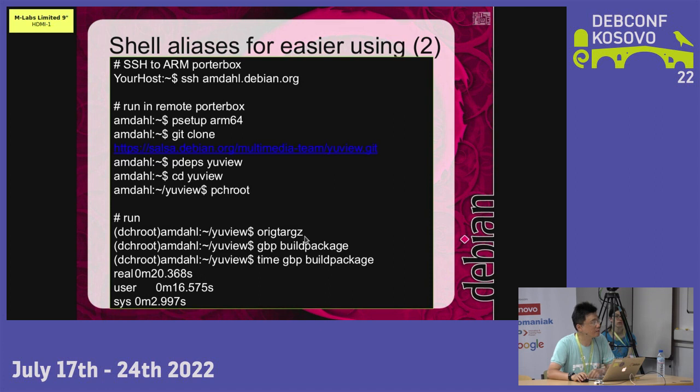Then get the source tarball, then do a gbp buildpackage to build the package. So the aliases can speed up your workflow.